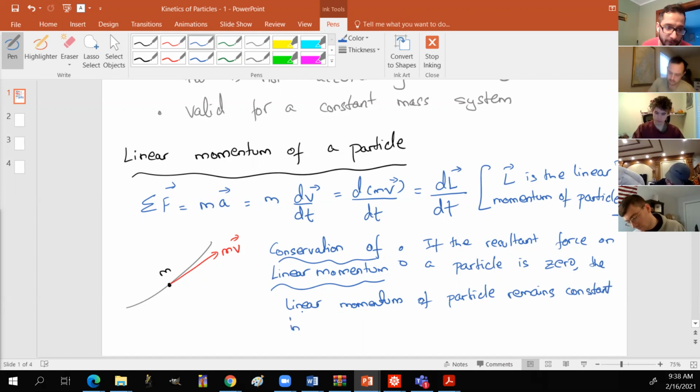When you say it remains constant, because it's a vector quantity, we mean it remains constant in both magnitude and direction.